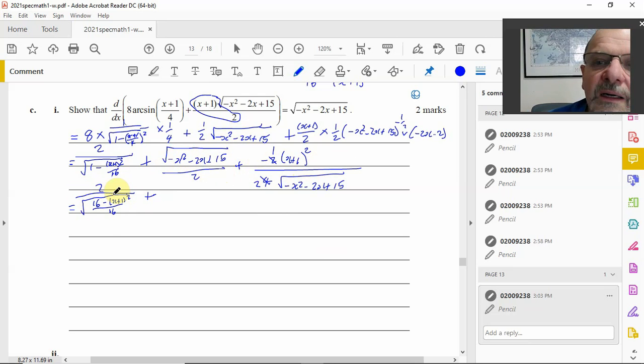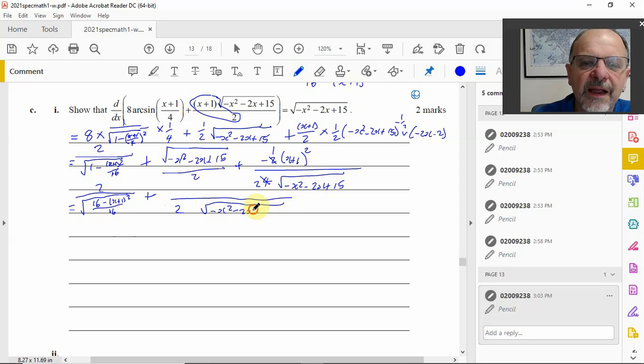I'll get to that one a little bit later, once I've done some more manipulation. But with these two, the common denominator is 2 and the square root of minus x squared minus 2x plus 15, which means for the middle term I've got to multiply top and bottom by the square root. When I do that, I get minus x squared minus 2x plus 15.